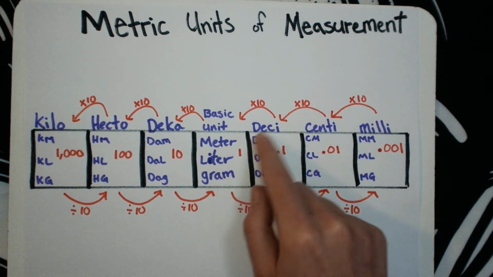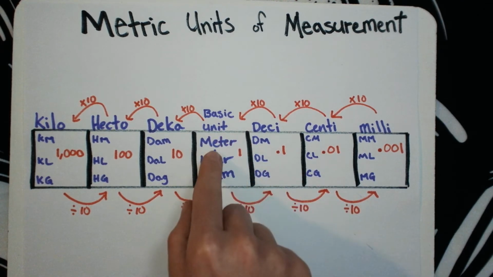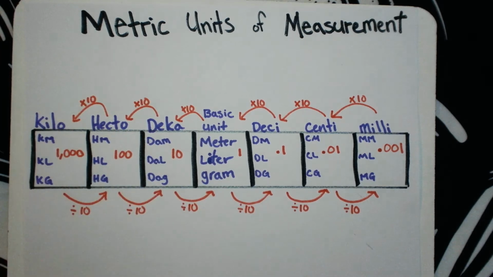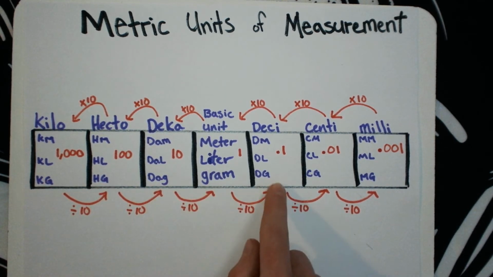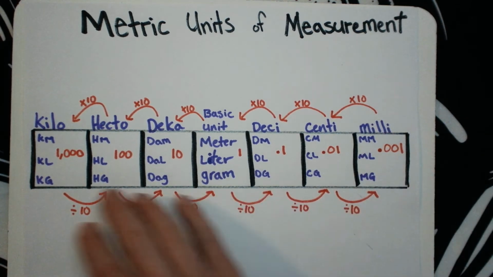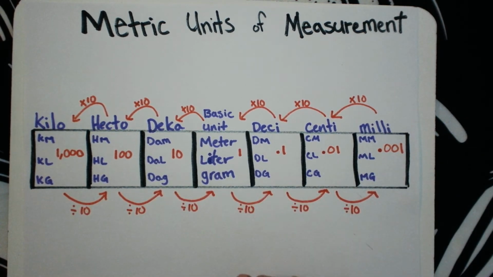Decimeter to the basic unit, multiply by 10. Basic unit to deca, multiply by 10, 10, 10, so on and so forth. And then to go down the chart as well, you would divide each of these by 10 in order to get to the preceding value. So let's look and see how we can use this chart in order to solve equations with conversion.